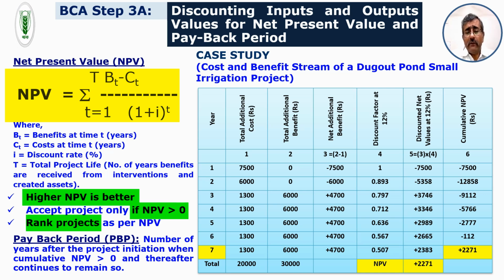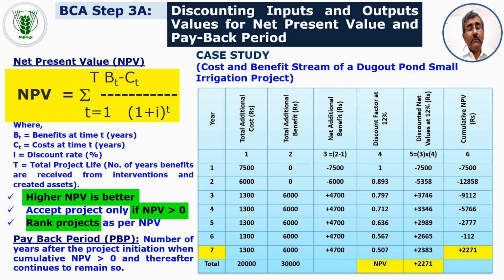It can be seen here that for the same value of 4,700 net additional benefit, we are getting different discounted net values. It is so because they are of different years. If we add these values, it comes to rupees 2,271. So this is the net present value. It is more than 0, so the project is successful.